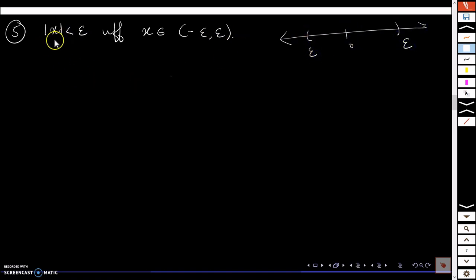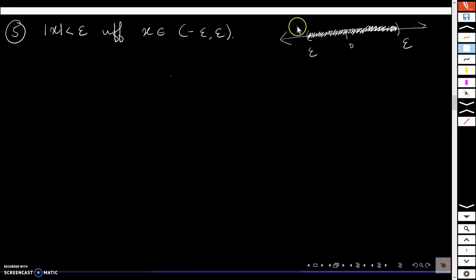Now when I say mod x is less than epsilon, that is equivalent to saying that x belongs to this interval minus epsilon to epsilon. So whenever x lies in this part, its absolute value is going to be strictly less than epsilon.